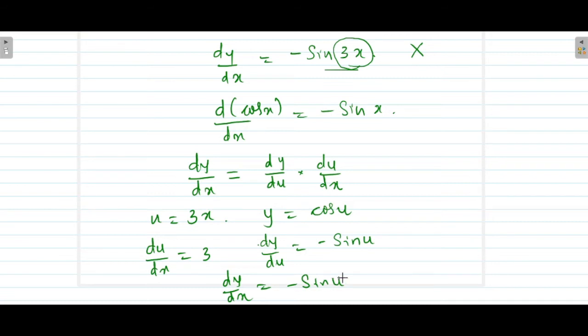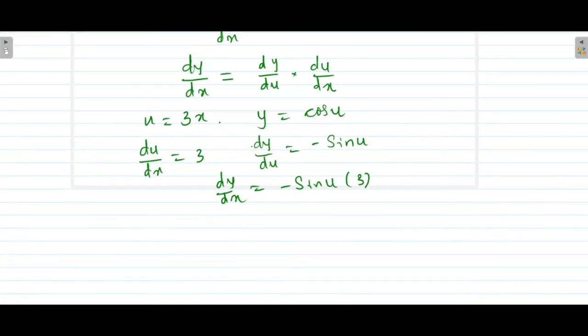Now let us replace u with its value. u is 3x. Now the differentiation becomes minus 3 sin 3x, which is the differentiation of cos 3x.